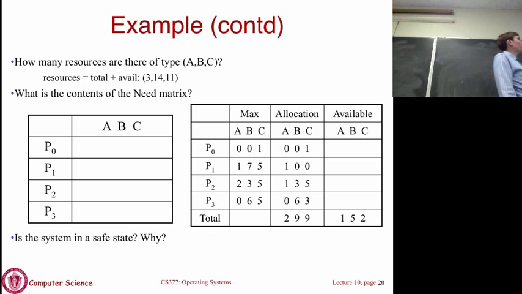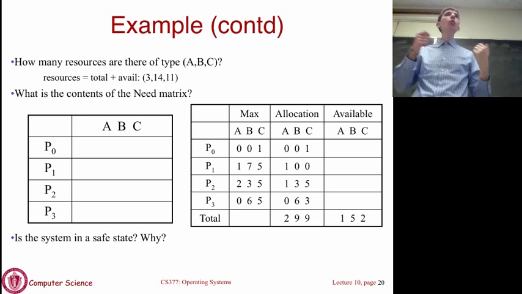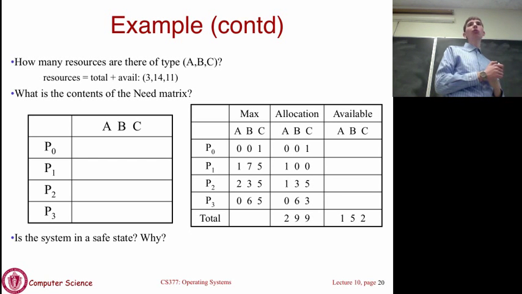So now remember when we were talking about Banker's algorithm, we had this notion of what a process might need in the future. So how do we determine what a process might need in the future, might request? Let's say we're process 0. The maximum they might need in order to finish minus what they currently have, right? So P0 already has its max allocation, so it's not going to need anything in the future. It's not going to request anything.